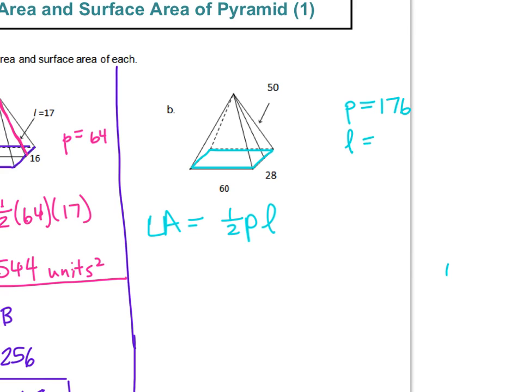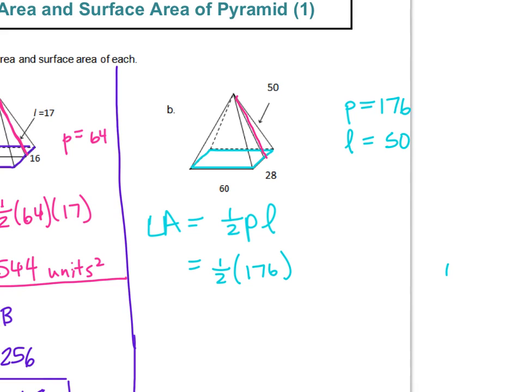Our slant height is going to be from the vertex down to the edge of the base. They're telling us that that is 50, so our slant height is 50. So plugging into our formula, we do 1/2 times that perimeter of the base was 176 times our slant height.